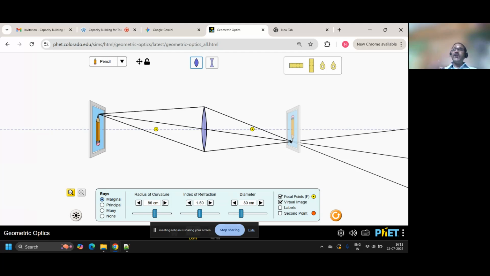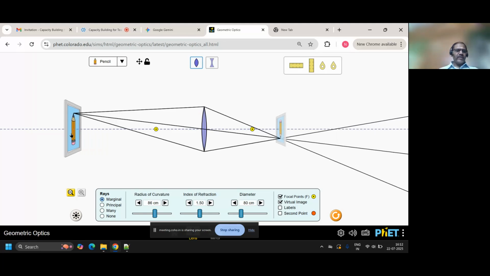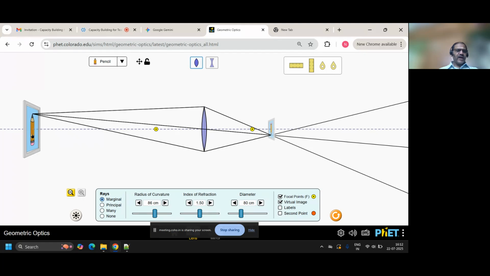Typically we draw all these things on the blackboard. Here there is no need for that, and it is not a static picture. You are not showing a PPT. We are actually showing a simulation which is activity based. Now I am moving the object away from the lens.